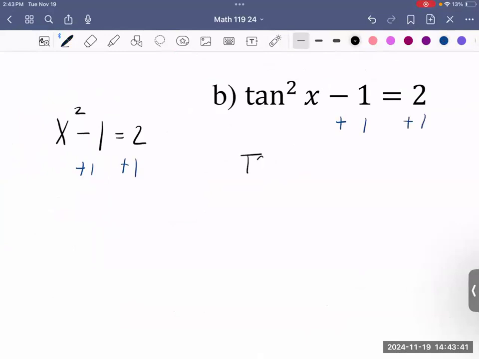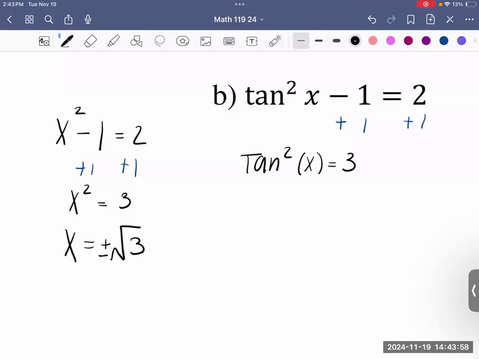So now you have tangent squared of x is equal to 1 on one side. Over on the other side, you have x squared, not 1, is equal to 3. So now here we would say x is equal to plus or minus the square root of 3. The plus or minus because you made your square root sign similar to right here.